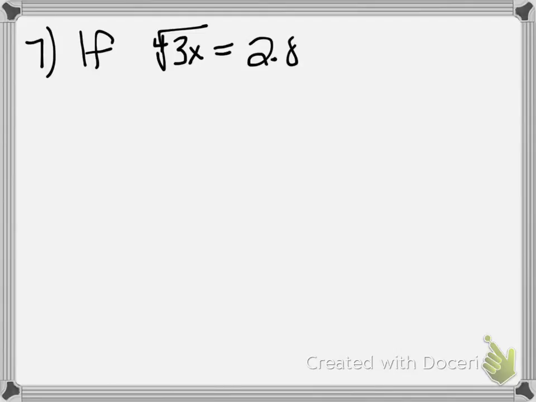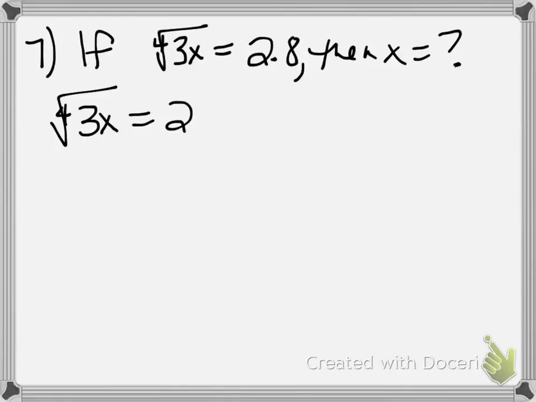Okay? And I have one more to look at with you to kind of wrap up this as another ACT problem. So if the fourth root of 3x equals 2.8, then x equals what? Okay? So what I'm actually going to have to do is I'm going to set up my equation.